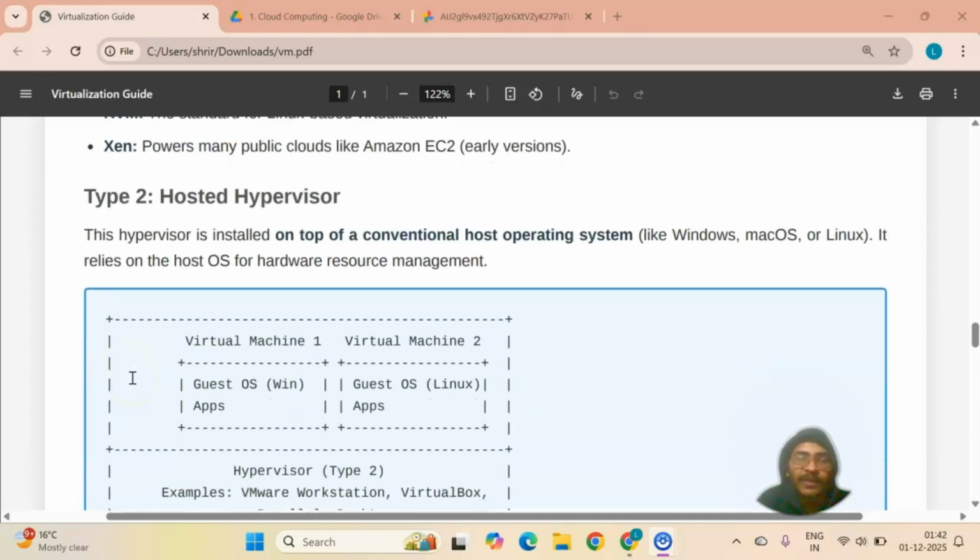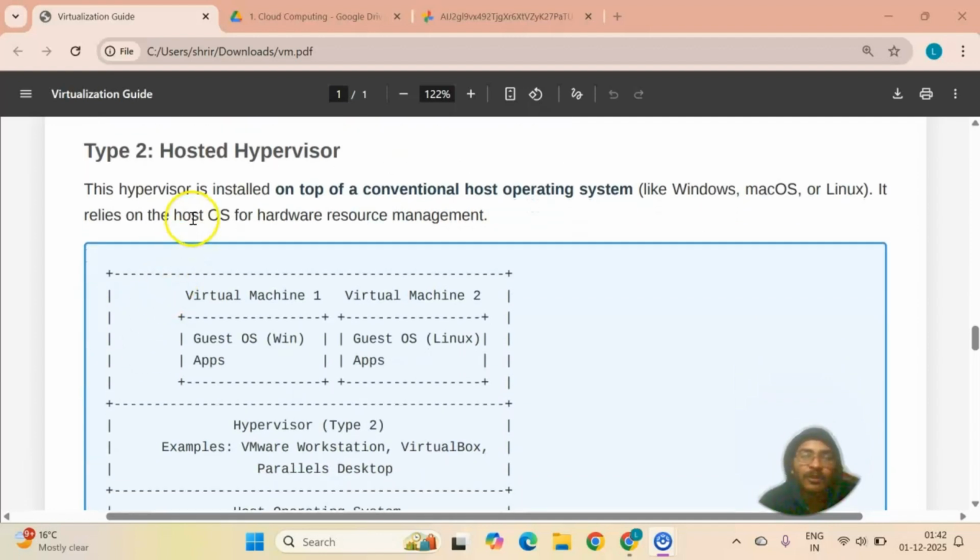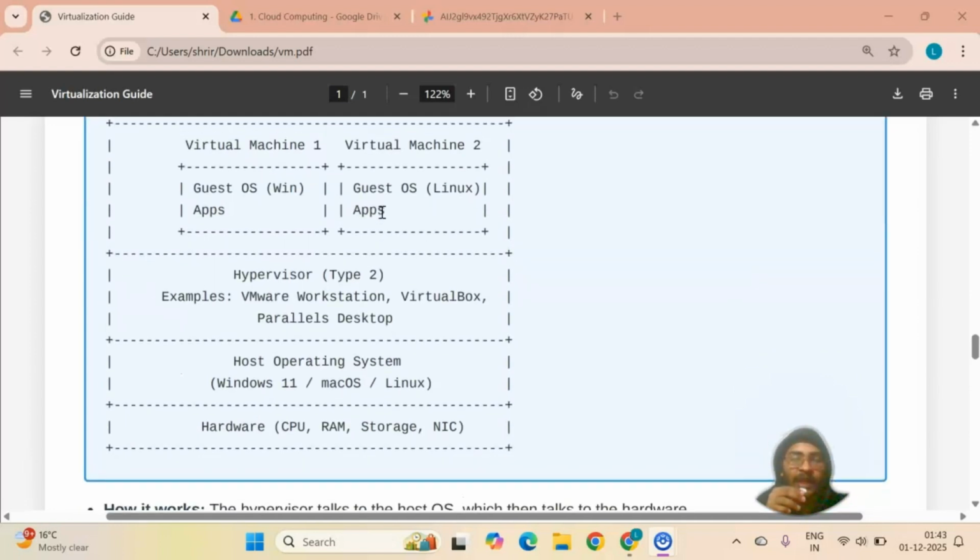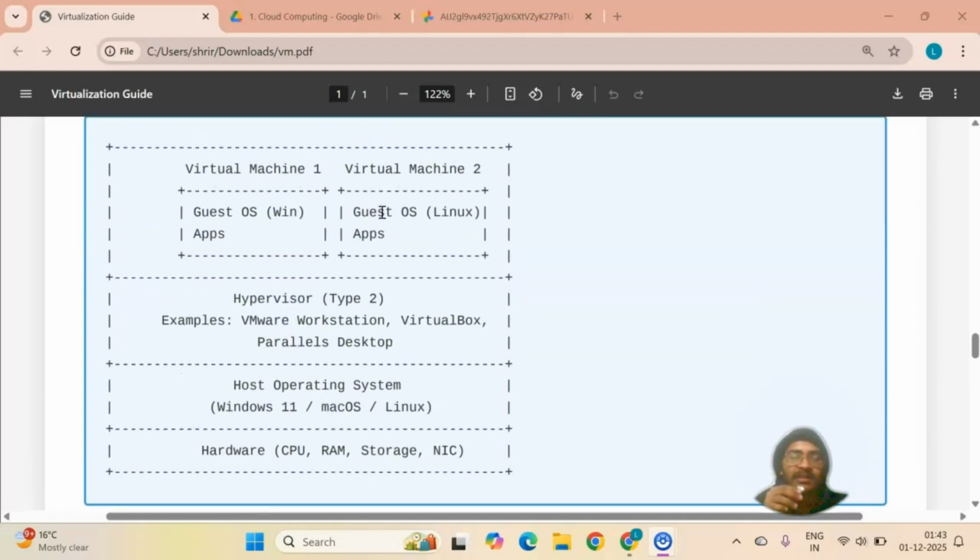Now, the type 2 hypervisor, which is the hosted hypervisor. This hypervisor is installed on top of a conventional host operating system like Windows, macOS, Linux, etc. It relies on the host operating system for hardware resources and management. This is the diagram for type 2 hypervisor, the hosted hypervisor.